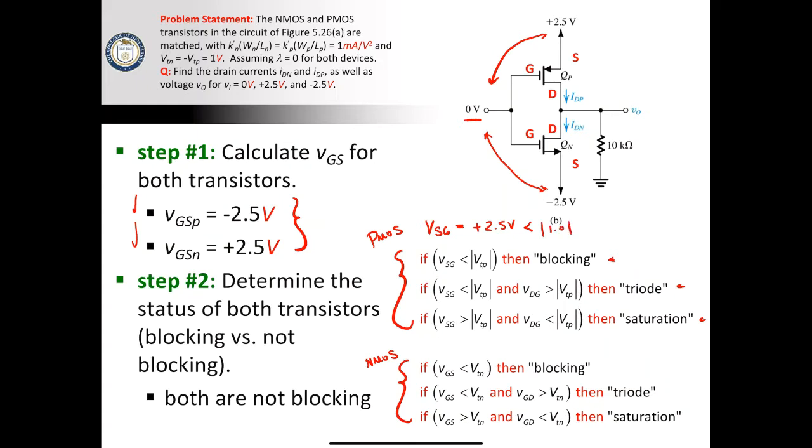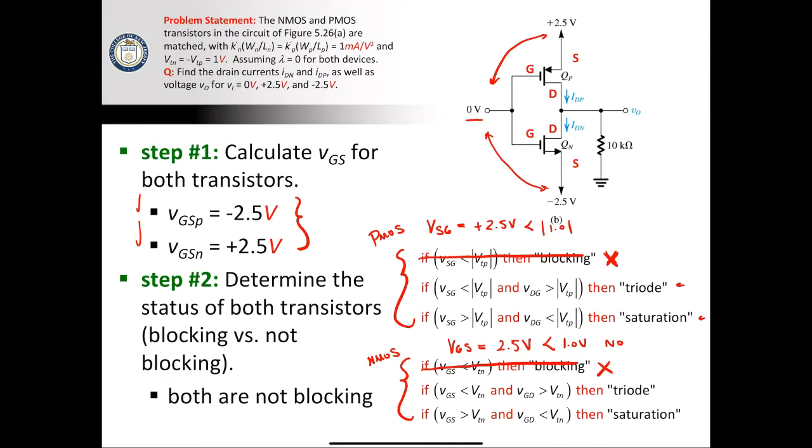Okay, no. So we know we're not blocking. And then let's do the same thing for the N-type. VGS is equal to 2.5 volts. Is that less than VTN? Again, no. So we know right off the bat that both of the transistors are not blocking.